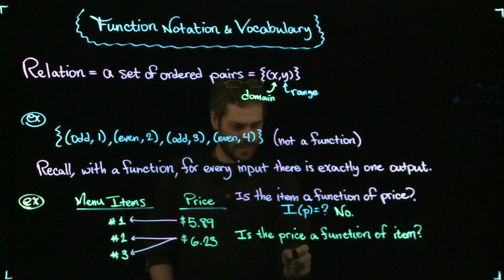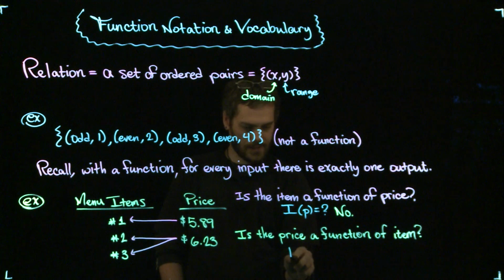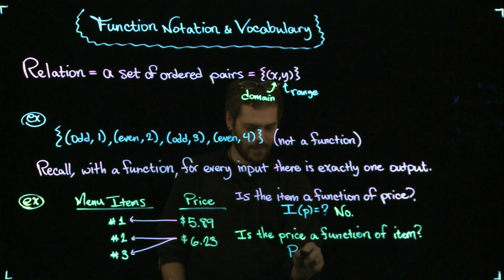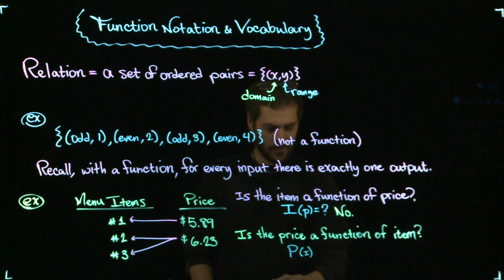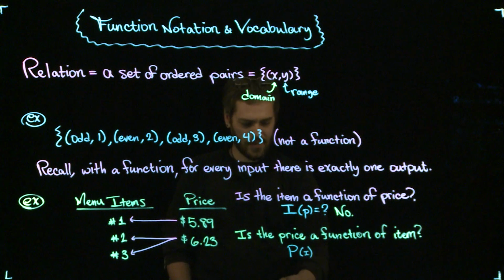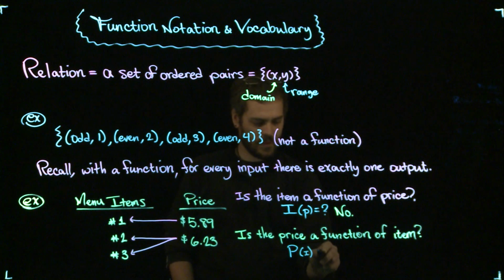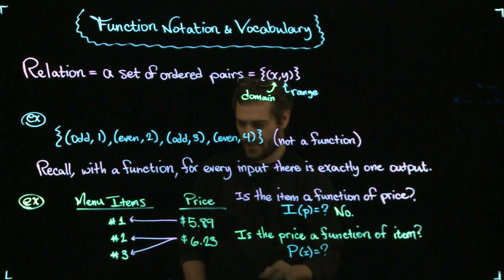So really what I'm looking at now is this question. Let's use P for price, big P, and maybe I'll still use the I in here, capital I. I don't like using little i because it just reminds me of the imaginary unit. So, is the price a function of the item?